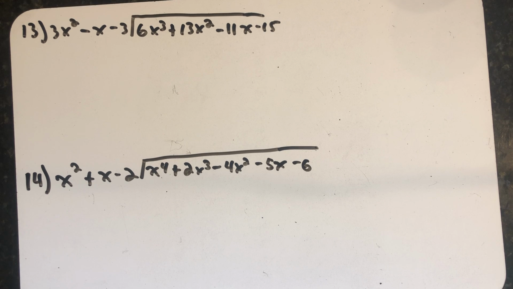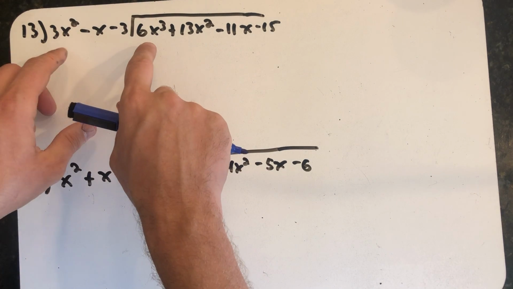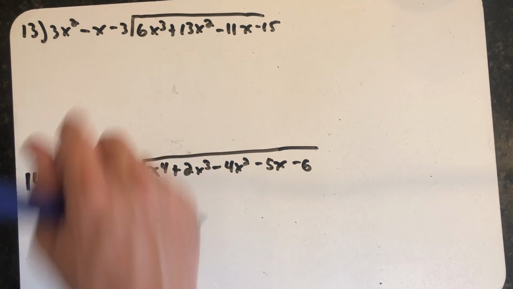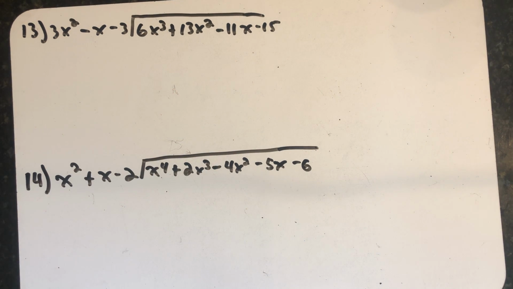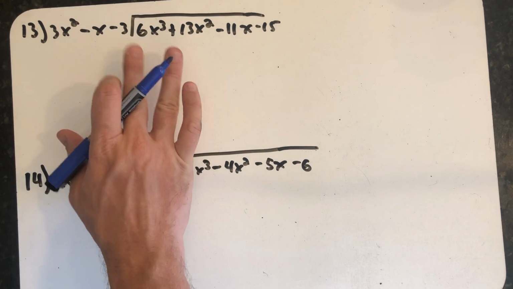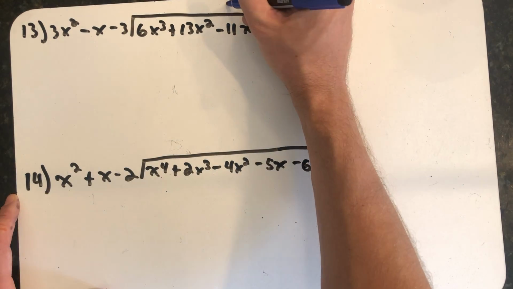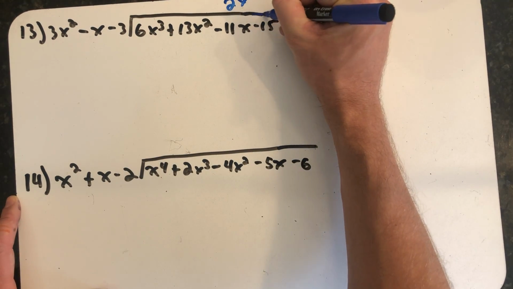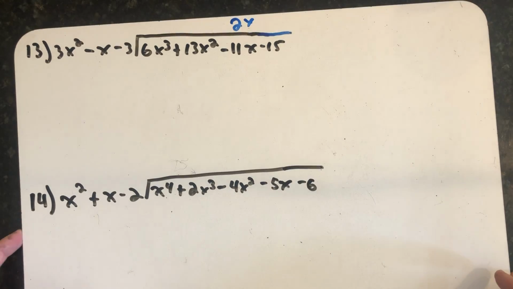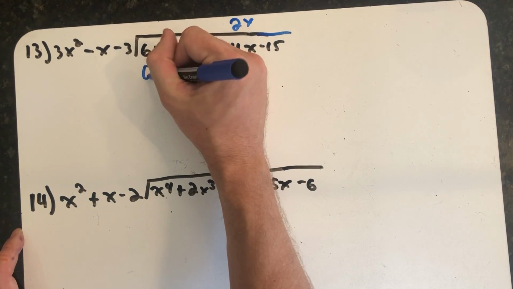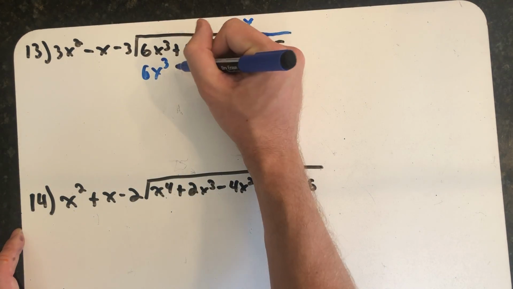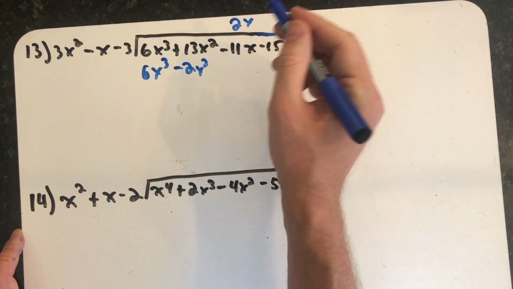In number 13, I'm going to proceed the same way I did last time. I need to know how many times 3x squared goes into 6x cubed. And again, the way I like to think about that is what do I multiply 3x squared by to get 6x cubed? Well, that would be a 2x. Let's extend that division bar out just a little bit. 6x cubed minus 2x squared.